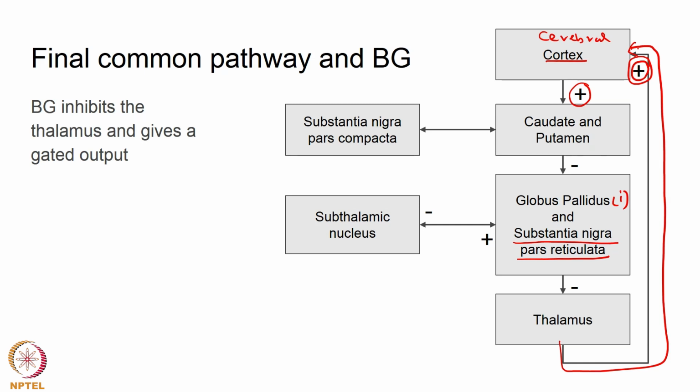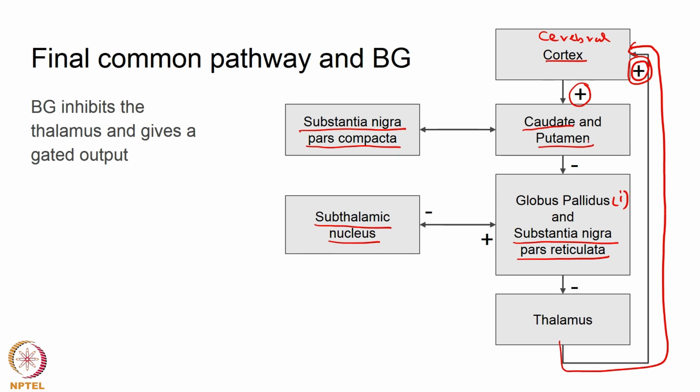What is not discussed is the important role of subthalamic nucleus and substantia nigra pars compacta. These nuclei perform two different functions. Substantia nigra pars compacta produces dopamine, which is a powerful neuromodulator, which modulates the output of the striatum, this caudate and putamen.